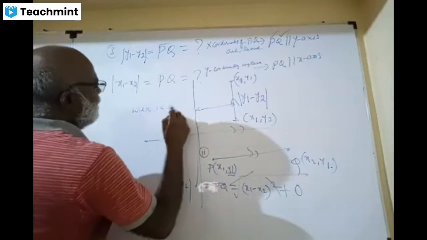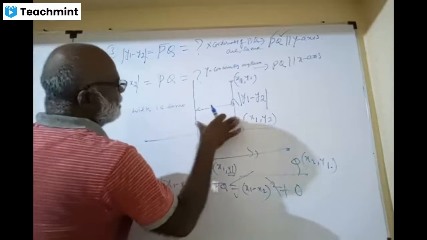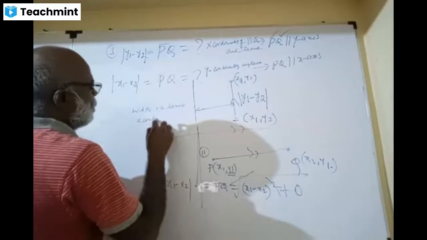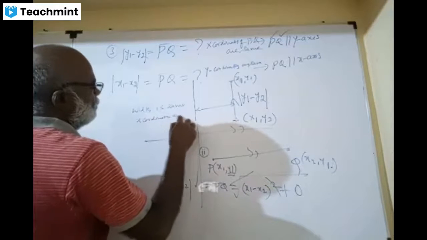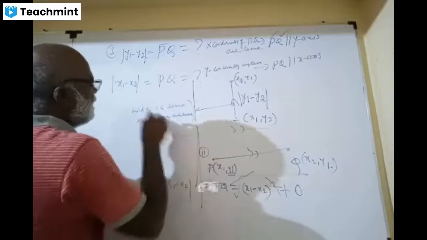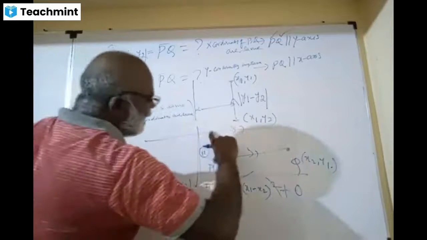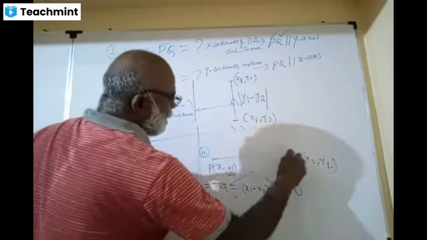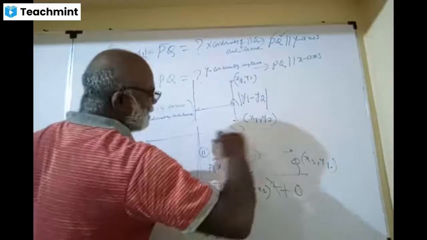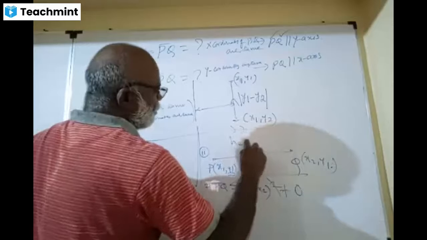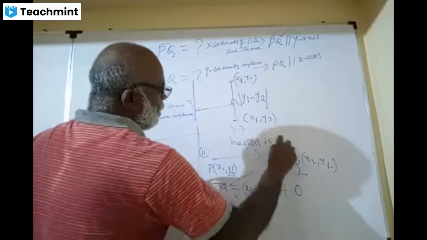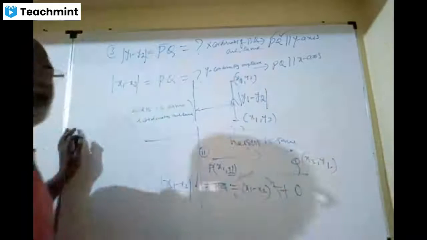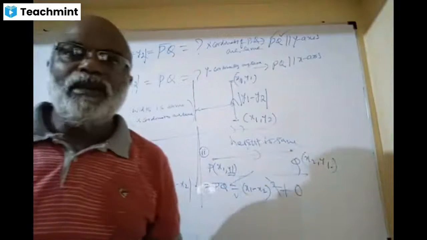Width is same from the y-axis. Width is same means x coordinates are equal. That is the beauty. Here, height is same. That means y coordinates are same. This is the beautiful thing.